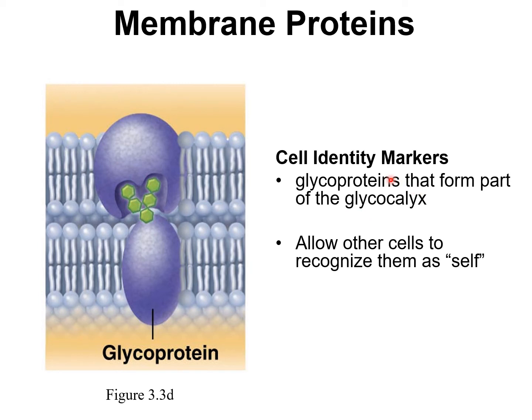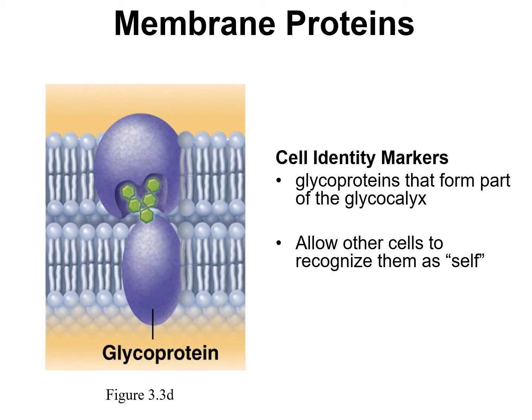Remember, the glycocalyx is the sugary coating on the external face of the plasma membrane. Well, do you ever wonder how our white blood cells distinguish between our self cells and foreign cells? Well, that is where the glycocalyx comes in.